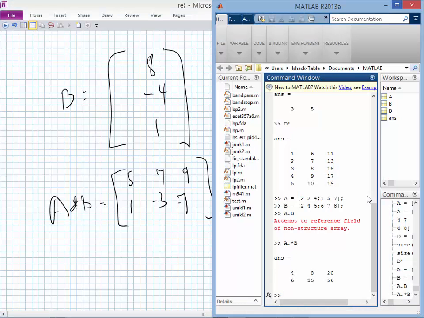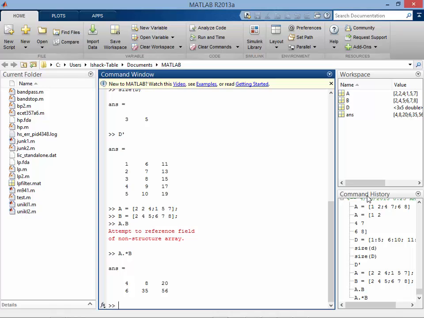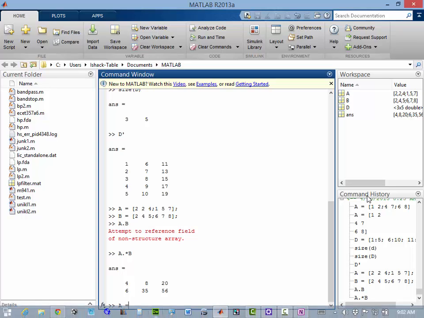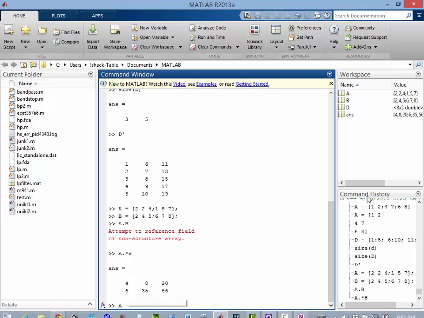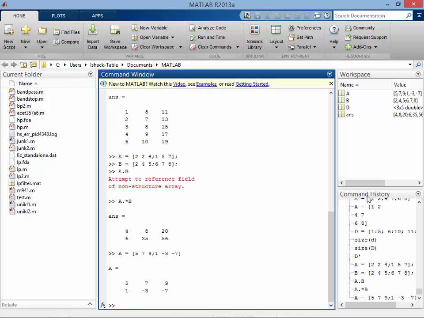So multiplying matrices in MATLAB: A is equal to, in this particular case, we just stick that in there, bracket 5, 7, 9, semicolon, 1 minus 3, minus 7, is that what I had there before? And then B is equal to bracket, and that was a 1 by 3.